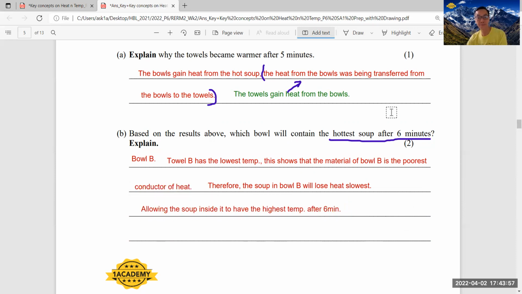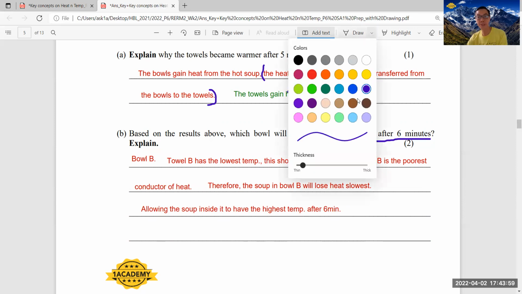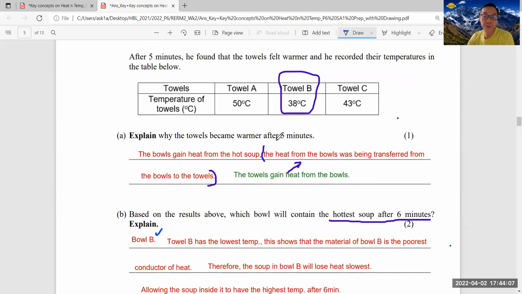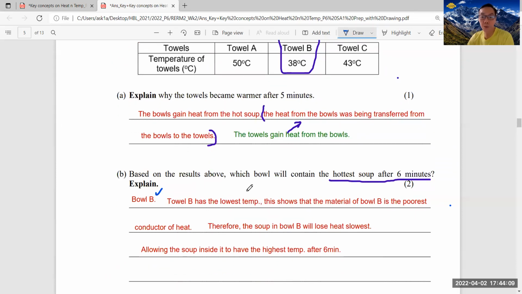So let me explain once again. You must indicate the correct bowl, bowl B. Then you must use the result above. Towel B has the lowest temperature. So what does this show? This shows that the material of bowl B is a poor conductor of heat. So you must indicate this property. Therefore the soup in bowl B will lose heat slowest.